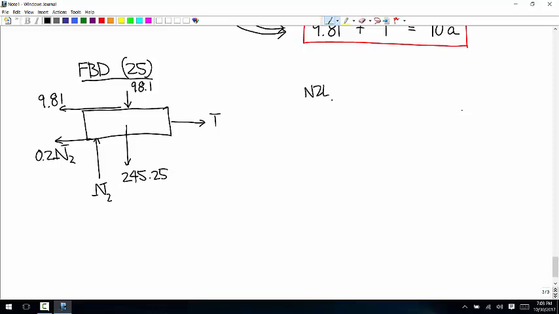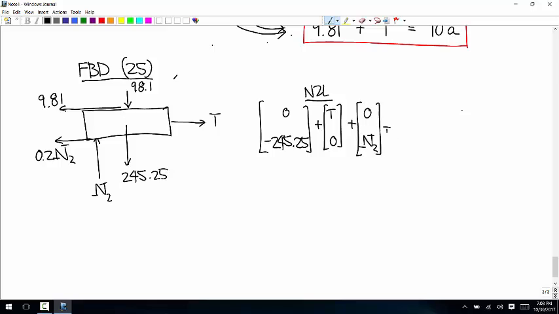So then Newton's second law says 0, negative 245.25 plus T, 0 plus 0, N2 plus negative 0.2 N2, 0 plus 0, negative 98.1 plus negative 9.81, 0.